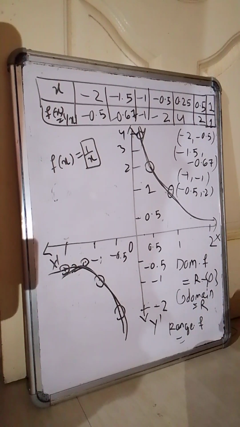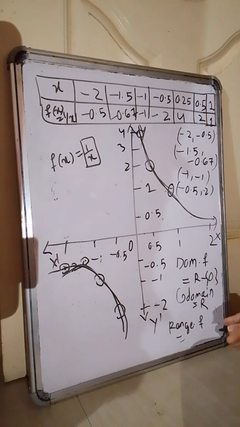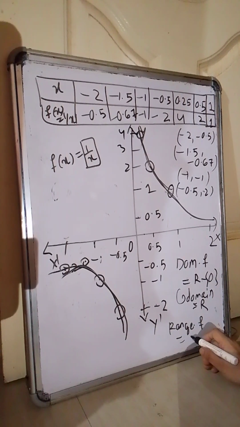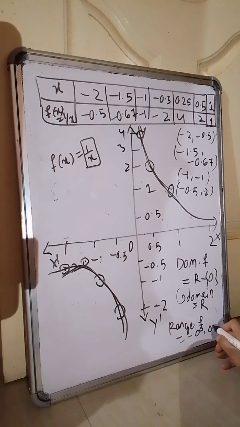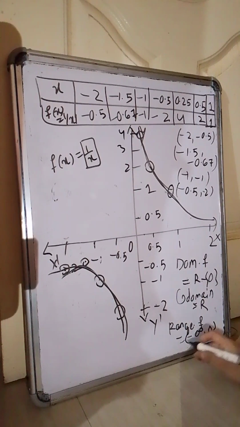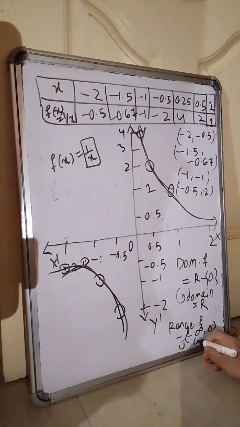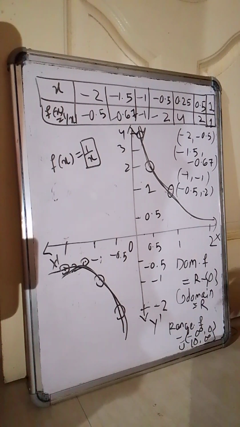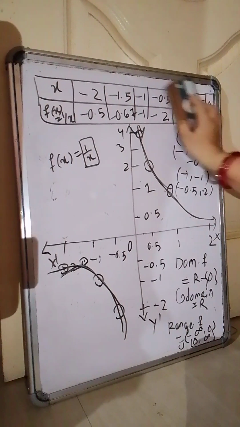In the real number set, infinite is not included. So the range of the function is excluding 0. Excluding 0 means you can write minus infinite to 0, open bracket, union 0 to infinite, open bracket. So this set is your range set.